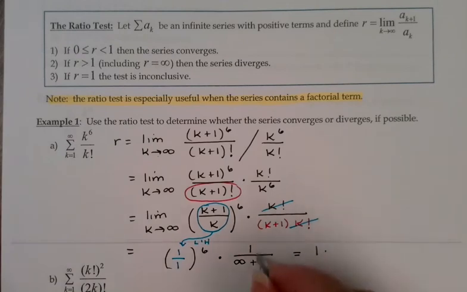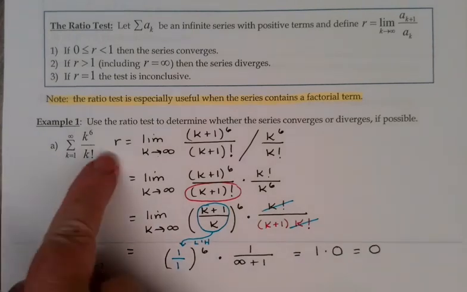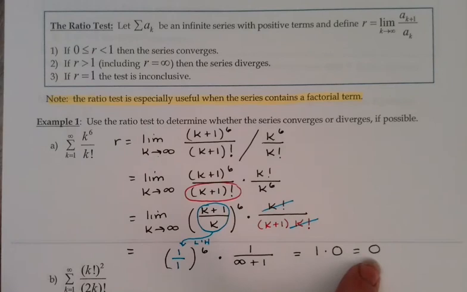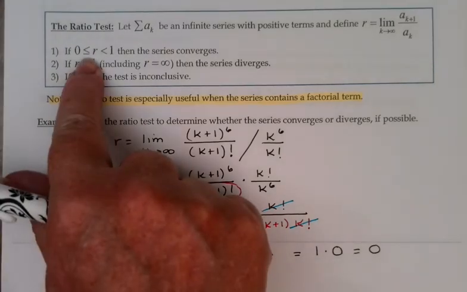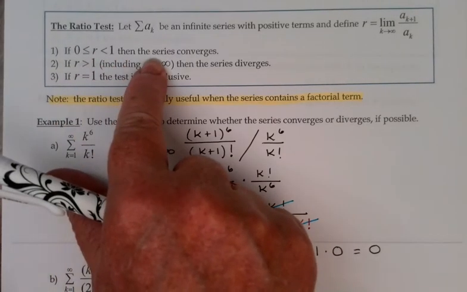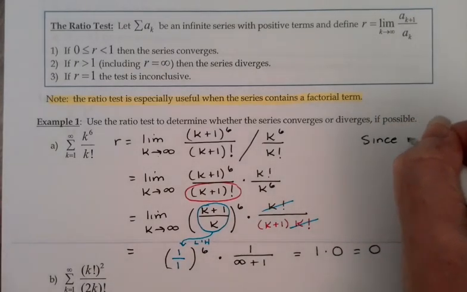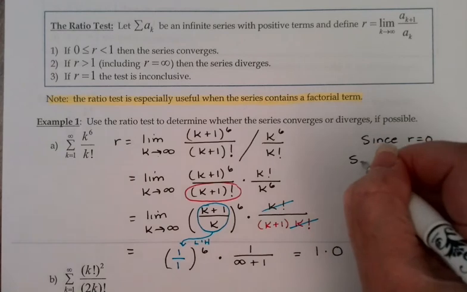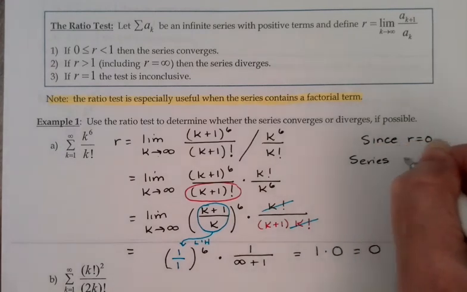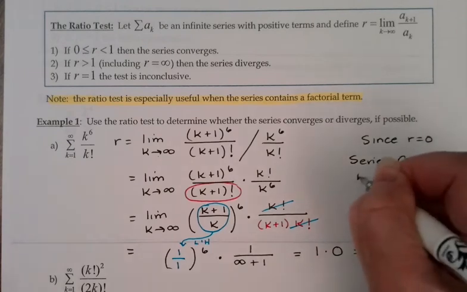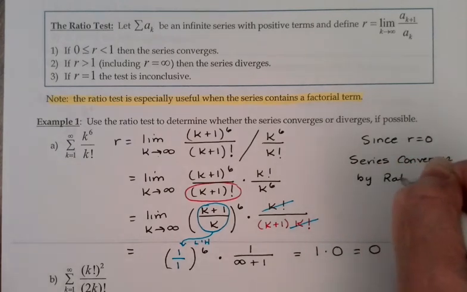That's 1 times 1 over infinity, which is 0. So R is 0. That puts me in this first case. My series converges. And in this case, I would say it converges by the ratio test.